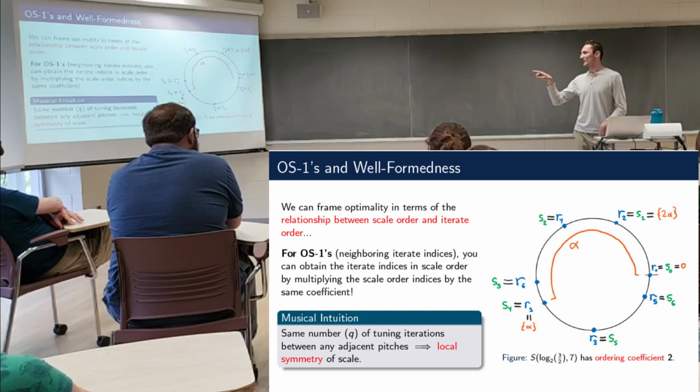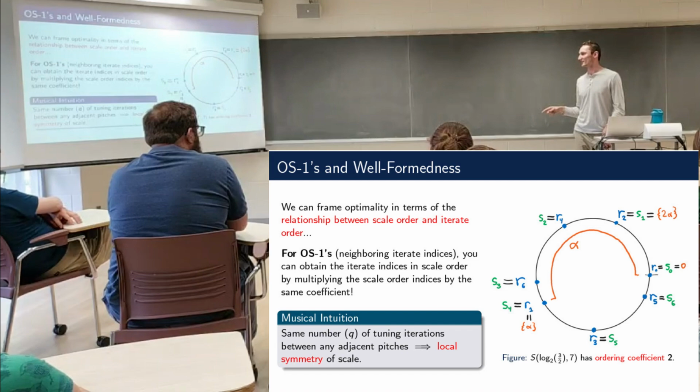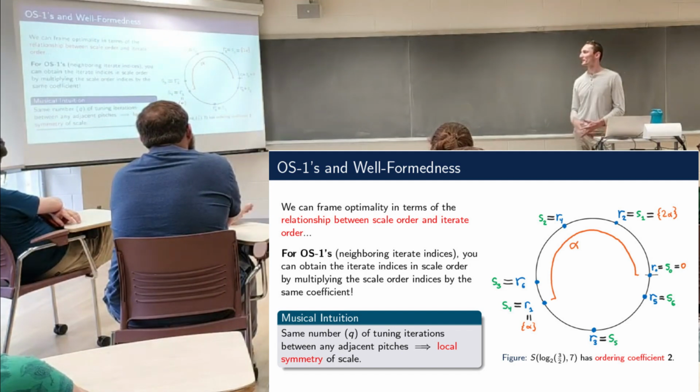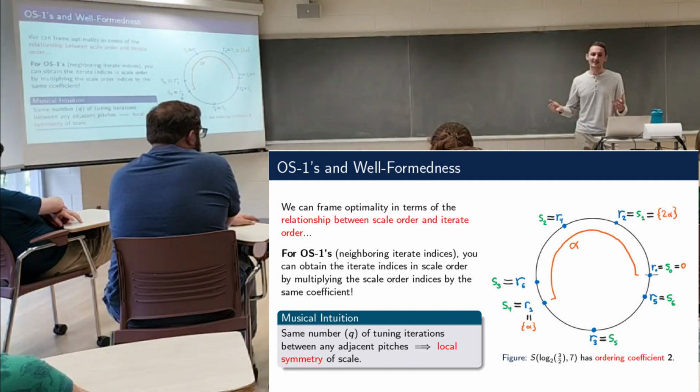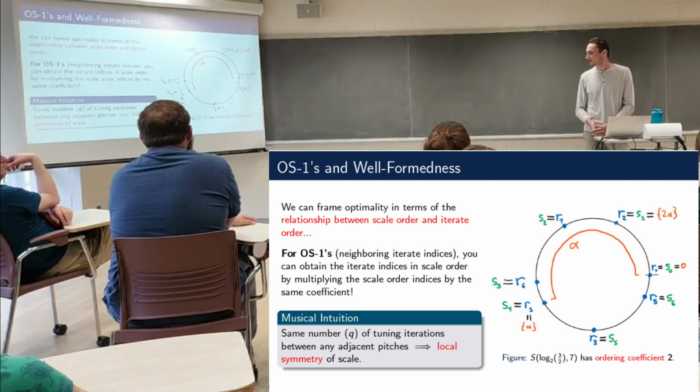S1 is R2, S2 is R4, S3 is R6, so it's going up by 2 each time. S4 is R1. You have to think mod 7 because there are 7 pitches in the scale, and so on. So here, you can always get the iterate index of any pitch by multiplying the scale order index by 2 and then taking it mod 7.